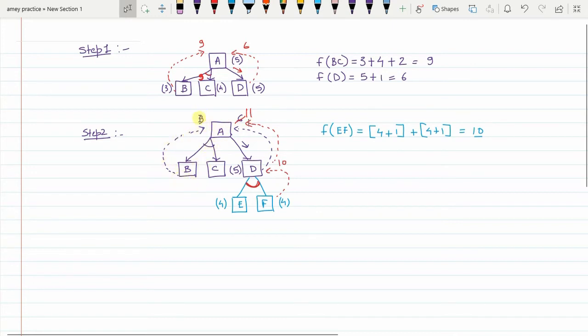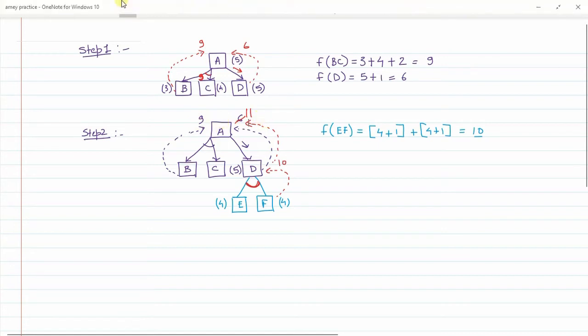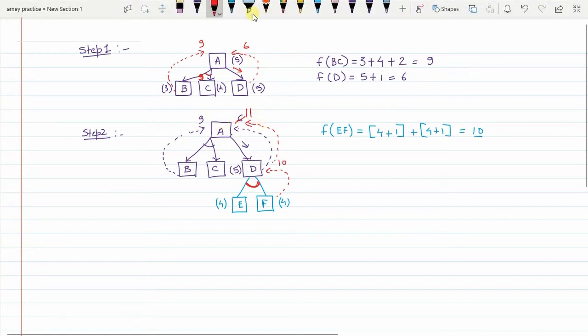Then it identifies that since 9 is lower, that means 9 is better than 11, the algorithm finally decides to switch the path, and it decides that the expansion will be done from arc BC and not from this end, right? So in step 3, this is the end of step 2.